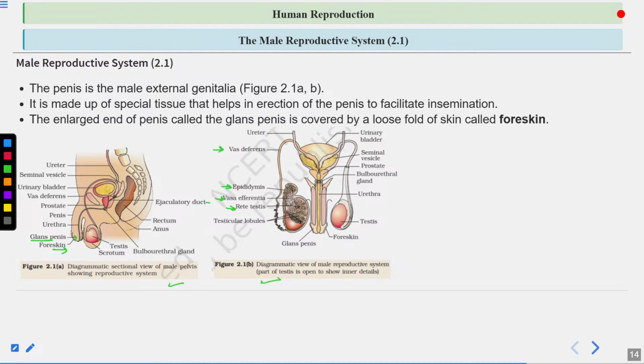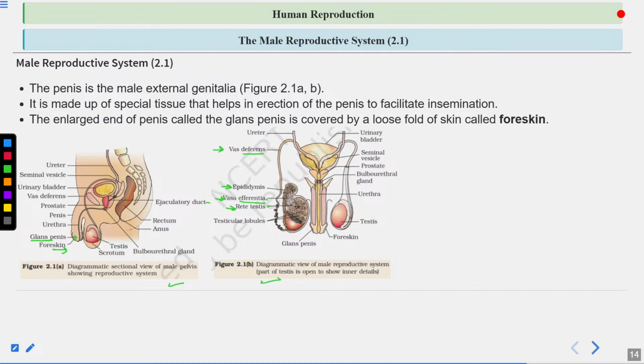So here you can see what is the difference between vas deferens and vasa efferentia. Basically, the difference is in their location, and their function also. You can see vasa efferentia is here. Sperms enter into the testis, and from the testis they will enter into vasa efferentia.